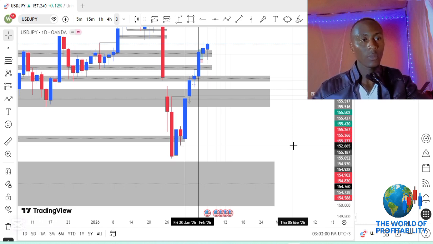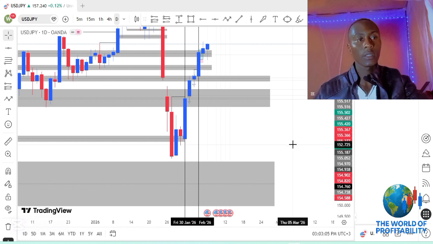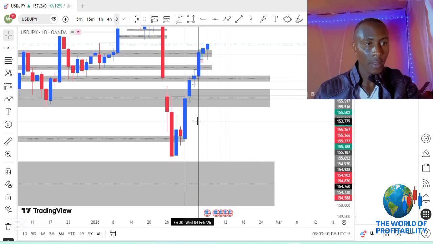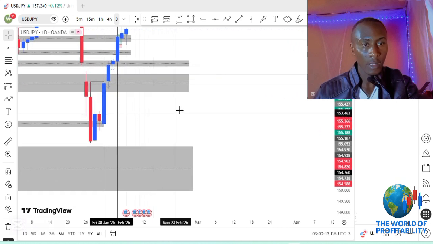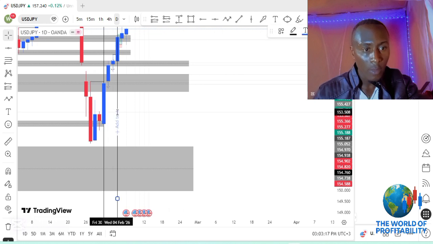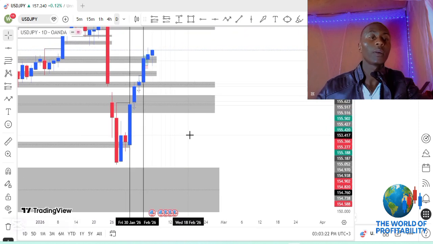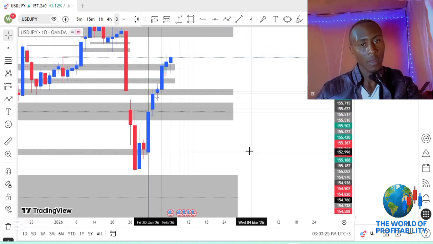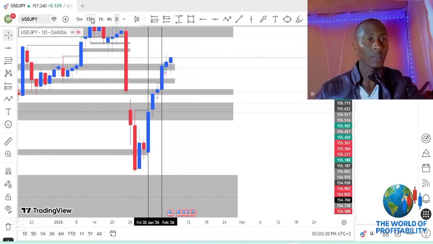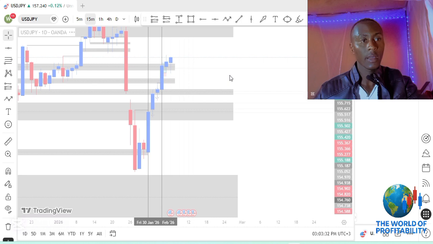But before executing the setup, I want the previous day's candles to be in line with our direction. So on Wednesday, the previous day was a bullish day, and on this day I was expecting some bulls, and without a doubt we had some bulls, and I executed my setup.